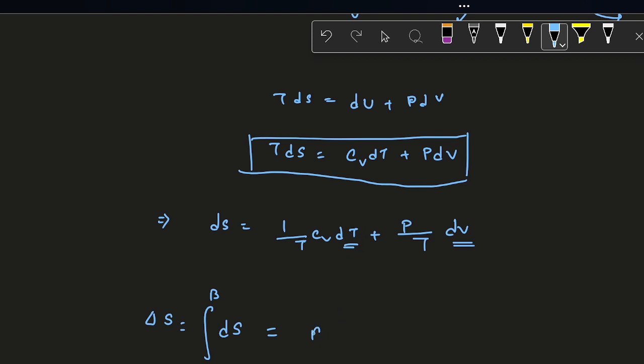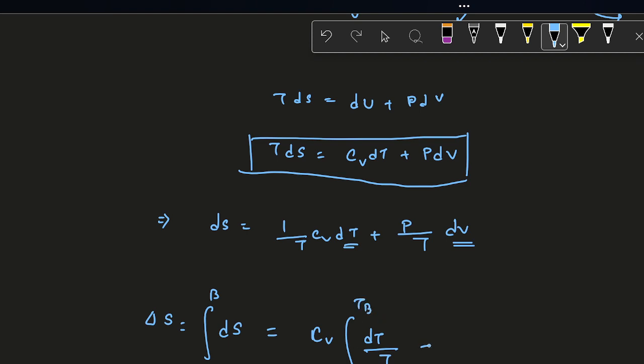We take Cv out of the integral because it has no contribution in the temperature integral, and it is just dT by T. Going from state A to state B, the temperature changes from TA to TB.